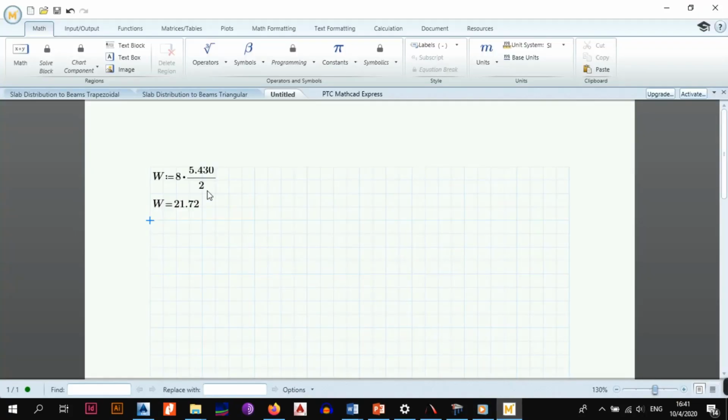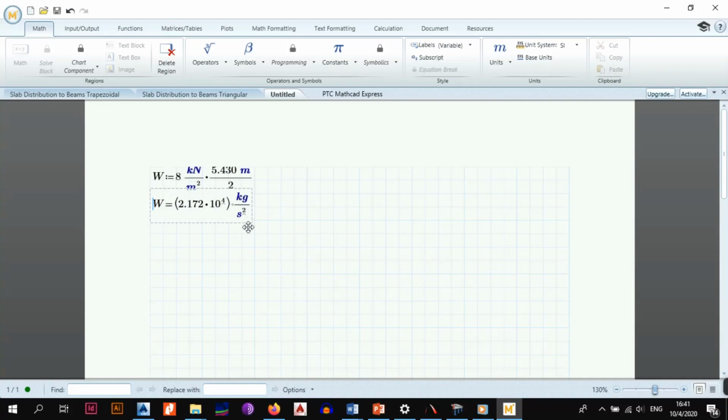You understand? So what you would do, because obviously this is what it would be, you would say kilonewtons per square meter, multiplied by meters, and there you would go. W would be, let me just show you, kilonewtons per meter.